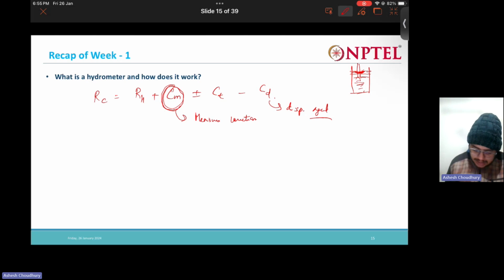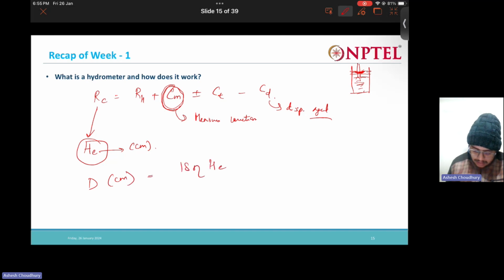Now this corrected reading can be used to obtain the HE, the effective depth. If you know the effective depth, certain centimeters, we can get the size. It comes from Stokes law.